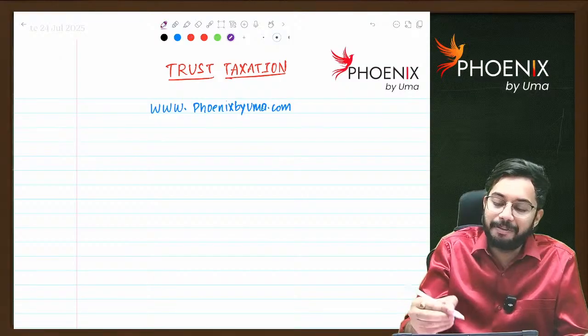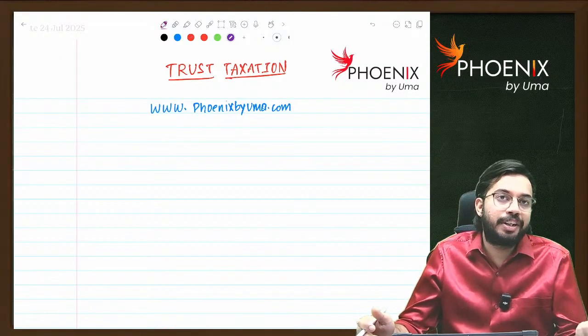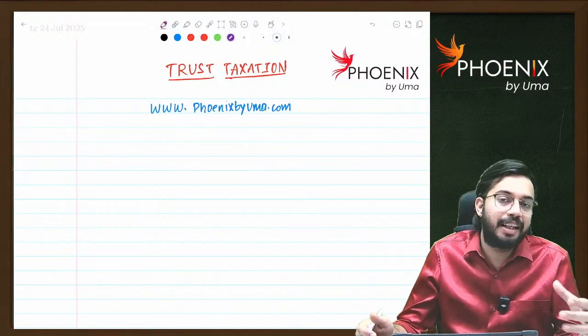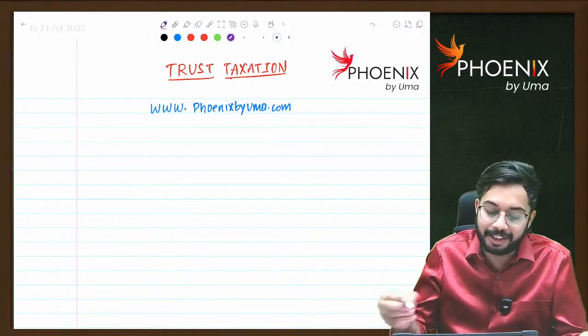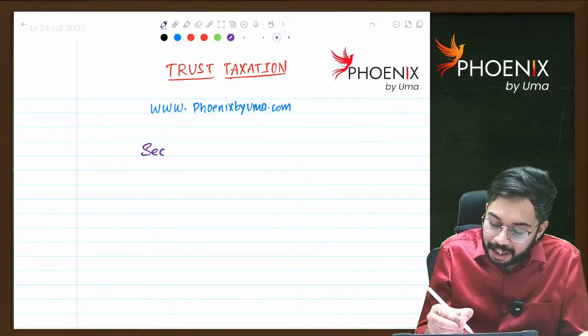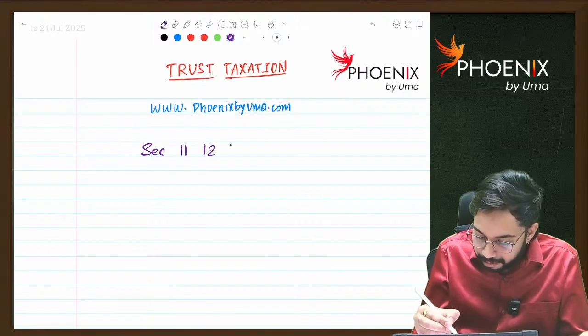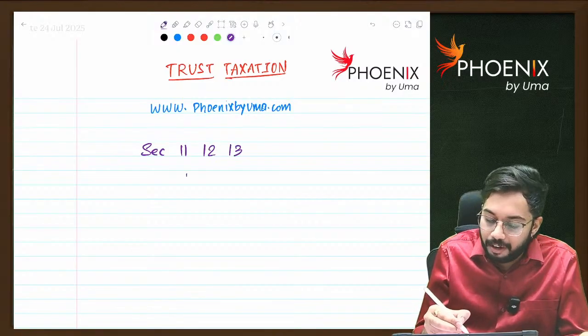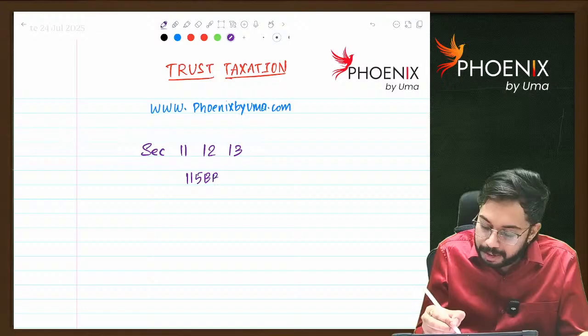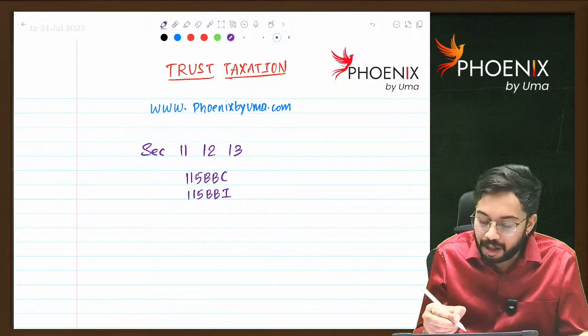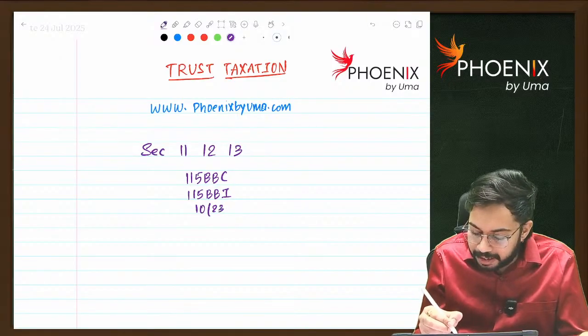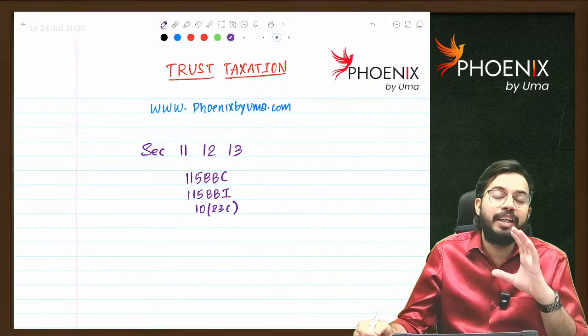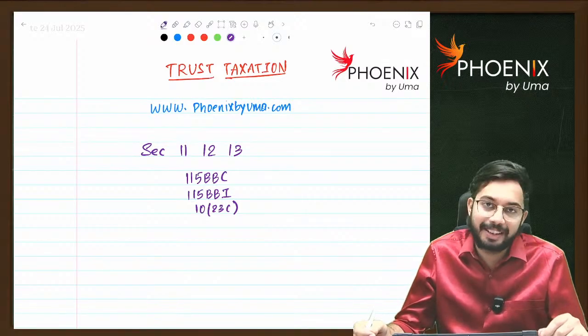Sir, what are the sections that we are going to discuss in this revision series of trust? We will discuss section 11, 12, 13, 115BBC anonymous donations, 115BBI, and 10(23C) related sections. All these sections will be discussed in this class.